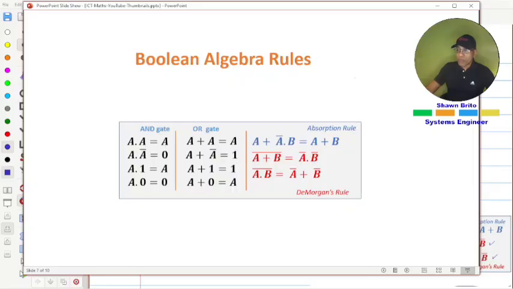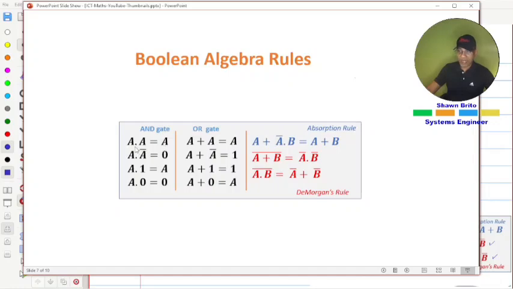They are Boolean algebra, not normal algebra, because the values are either 1 or 0, so it's either true or false. It is not like numbers 1, 2, 3, 4, where you can multiply 3 by 3 and get 9. This is not like that.